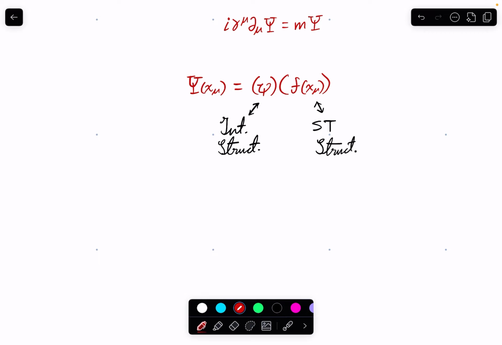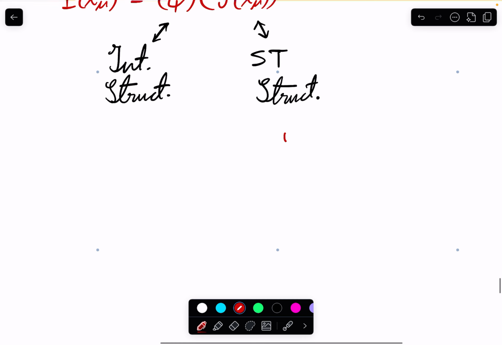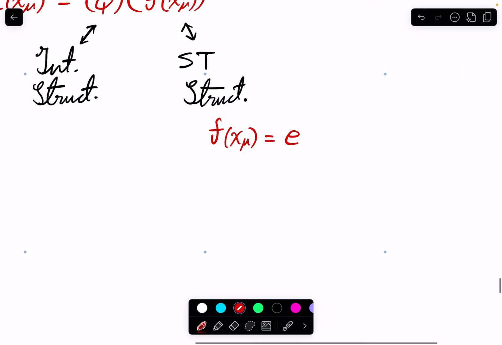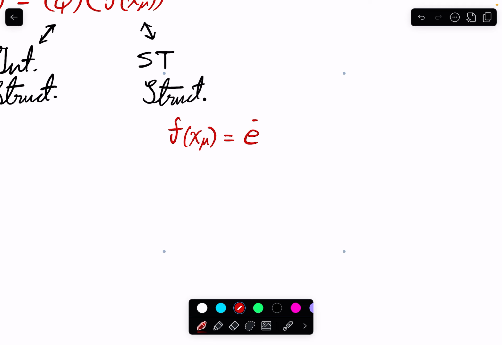So the space-time structure, which is F, this is going to be just like what we had in the Klein-Gordon equation. So everything from that video stands.